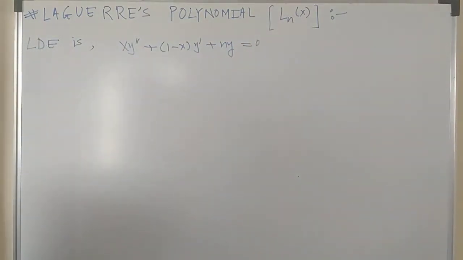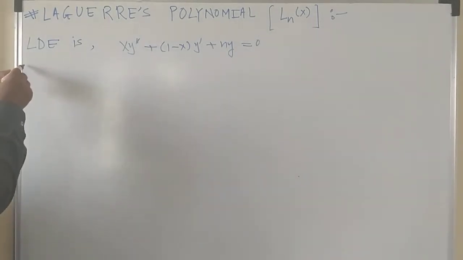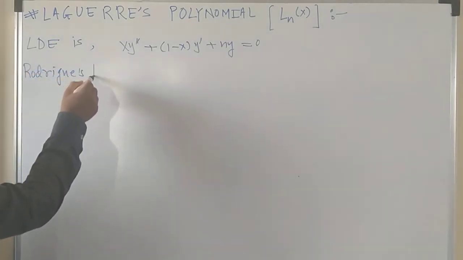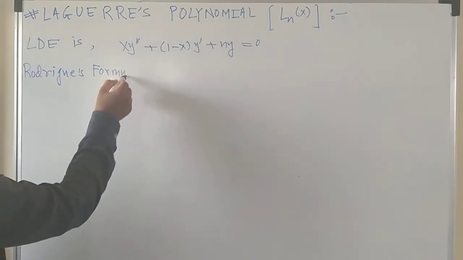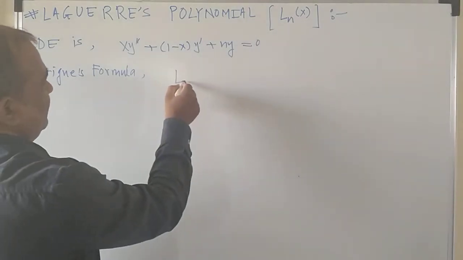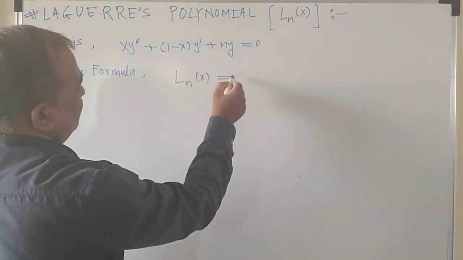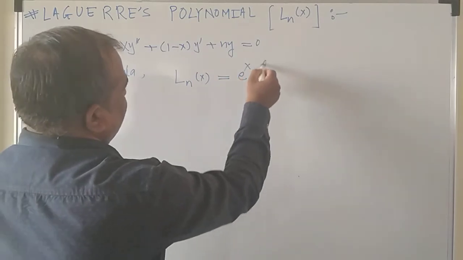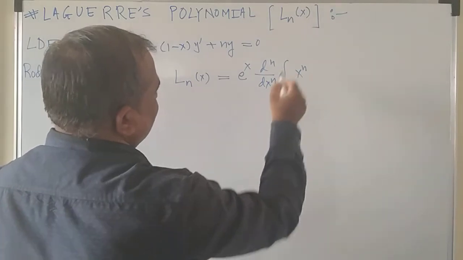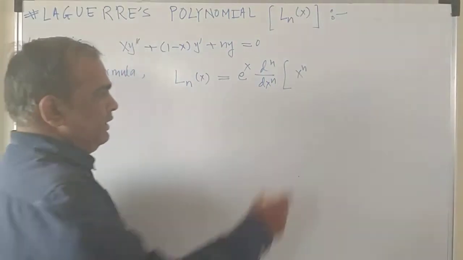This is the Laguerre differential equation, and its Rodriguez formula is: the Rodriguez formula for Laguerre's polynomial is Ln of x equals e raised to x into the nth derivative of x raised to n into e raised to minus x.